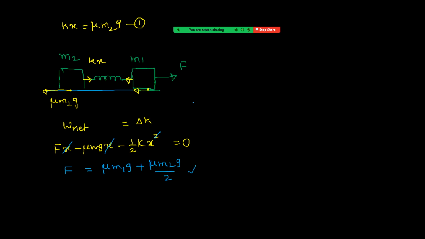This is now the minimum force which we have to apply horizontally on M1 so that the other block is about to move. Remember, it is not coming into motion; it is about to move. If we apply a force slightly more than this value, then this block will come into motion. Okay, let us see the next problem.